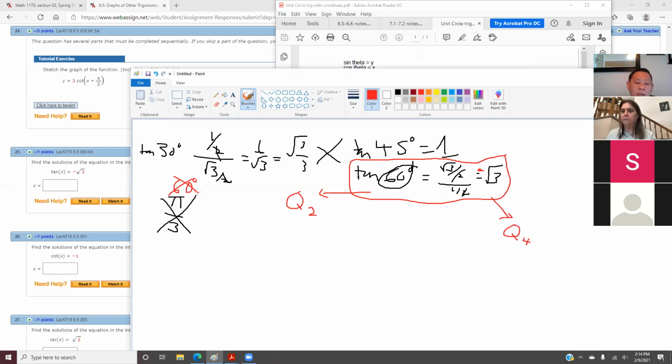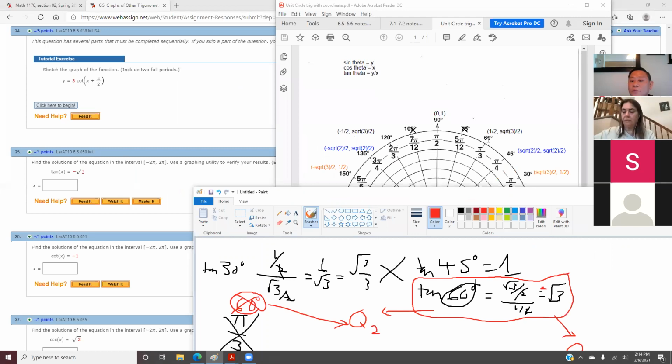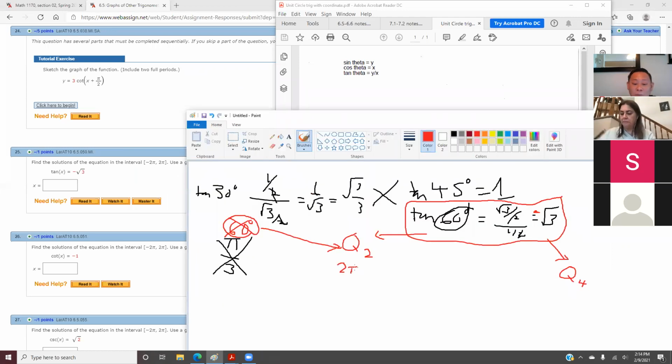So can someone tell me what is the reference angle for 60 degrees for quadrant 2? You can use your unit circle. 60 degrees is this one, which is also 2 pi over 3, or 120, right? Again, we use radians, same thing in a test, we don't use degrees.